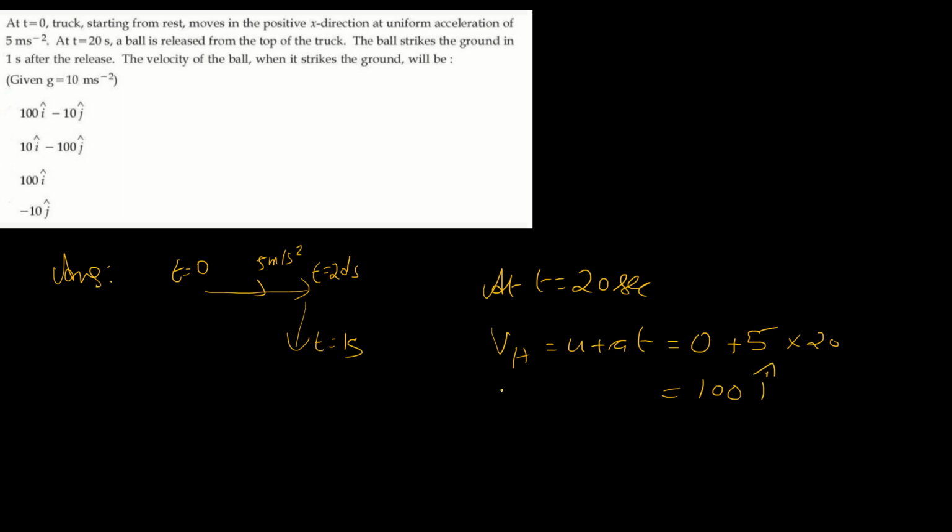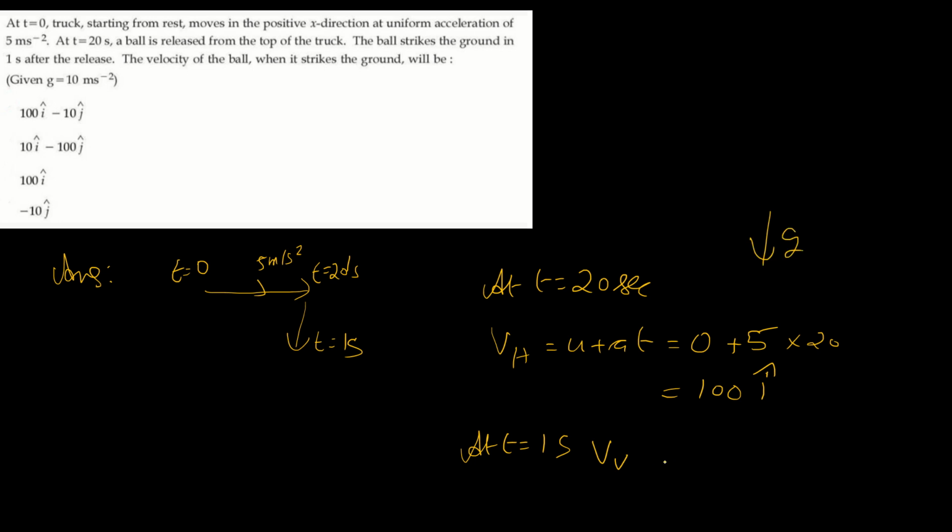Okay, so when t is equal to 1 second, the ball is released, the ball reaches the ground. That is, at t is equal to 1 second, the final velocity will be acting in the vertical direction, right? There is no horizontal acceleration because during falling there is no acceleration in the horizontal direction. There is only acceleration in the vertical direction, that is what?